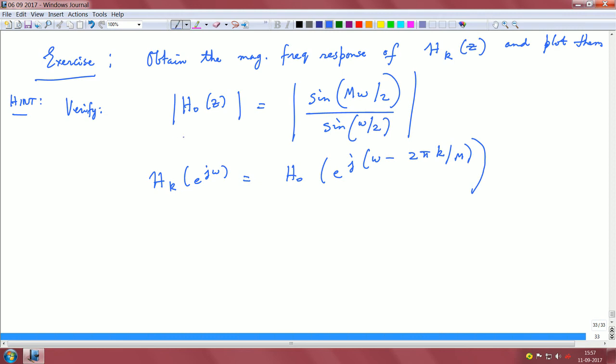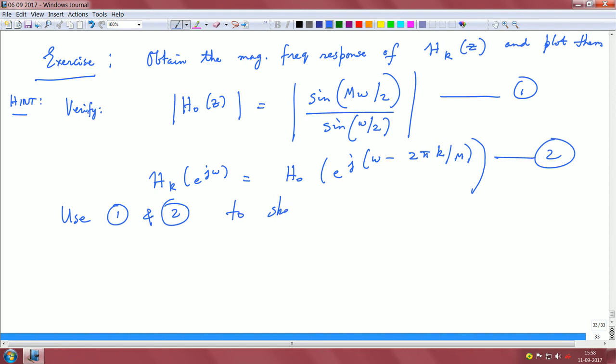So basically verify that the magnitude of H naught of Z is given by this, and then use 1 and 2 to sketch the frequency responses.